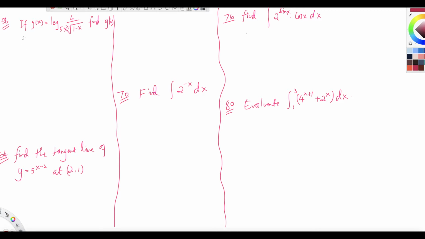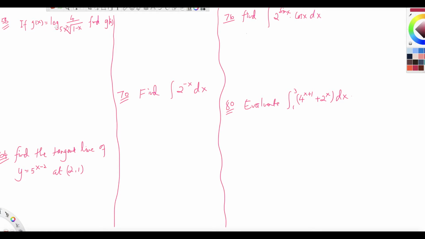Okay, so before I do the derivative, I want to write this in simplified form, because this has a log and a fraction, and the log has base 5. So we are not using the base 5 log. I want to change this into the ln form.